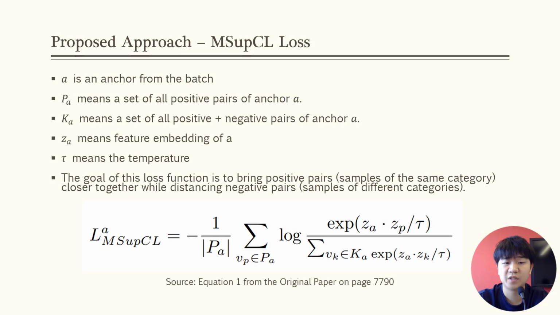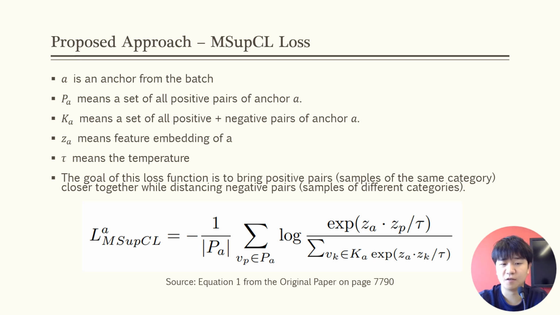And this is the M-subcell loss equations. In these equations, A means an anchor from the batch, and PA means the set of all positive pairs of anchor A. KA means the set of all positive plus negative pairs of anchor A. Z means the feature embedding of A, and ZP, ZK just mean embeddings of positive pairs and all pairs of anchor A. And tau means temperature.